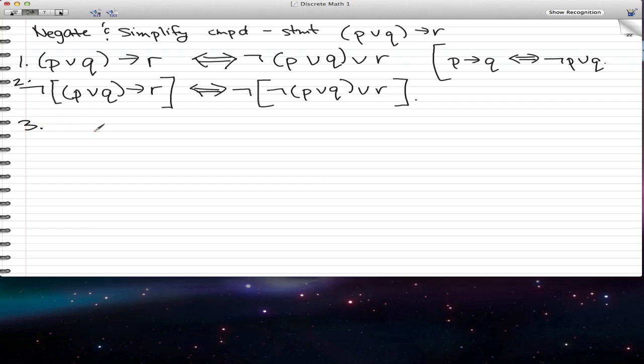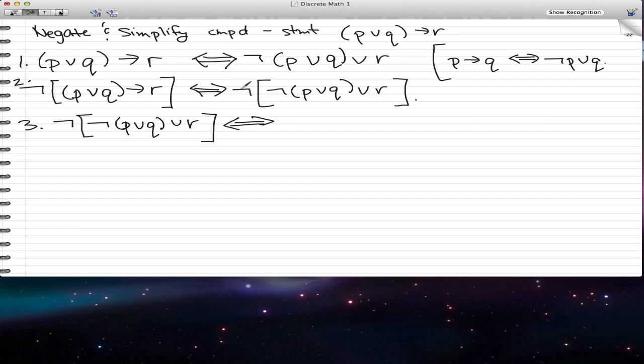So our third step would probably be to use De Morgan's law and the first substitution rule. Pretty much what we're going to do is expand this. On the left side, I really want to get rid of this implication. As I mentioned in the beginning, get rid of any implications you see. It'll probably make your life a heck of a lot easier. So we're negating that, or R. So we just negated the left side, and we'll leave it at that for now. And what we want to do here is use De Morgan's law. Remember what De Morgan's law is.